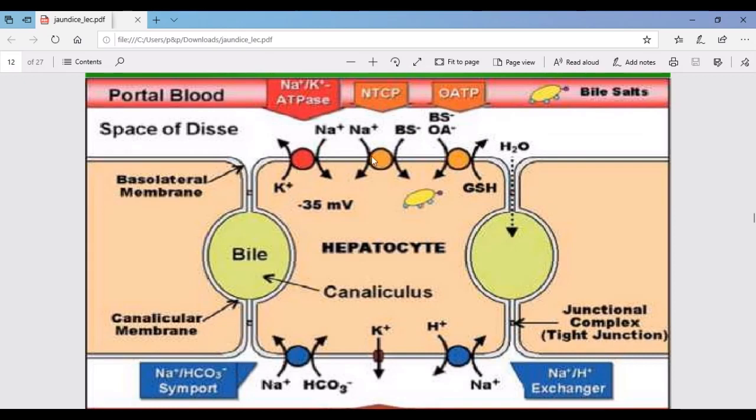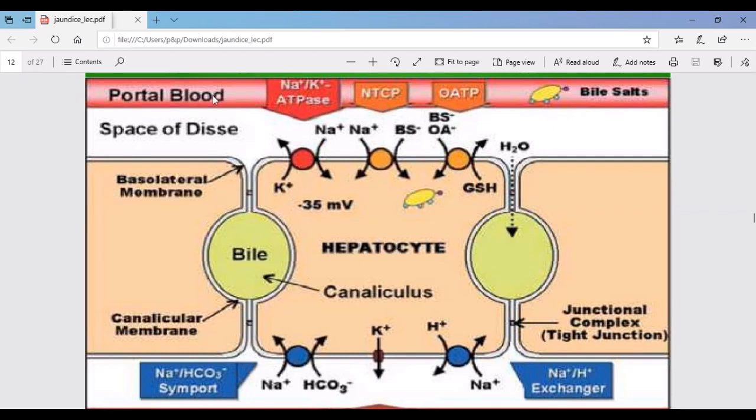So absence of these transporters, like in some congenital anomalies, this is the Dubin-Johnson and Rotor syndrome, we have error of these transporters, or dysfunction of sodium-potassium ATPase and lack of energy supplying these transporters can prevent the liver from reuptake of conjugated bilirubin, and the conjugated bilirubin stays in the bloodstream, elevating its level.